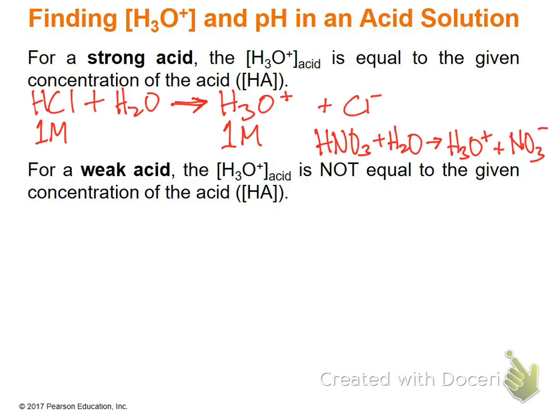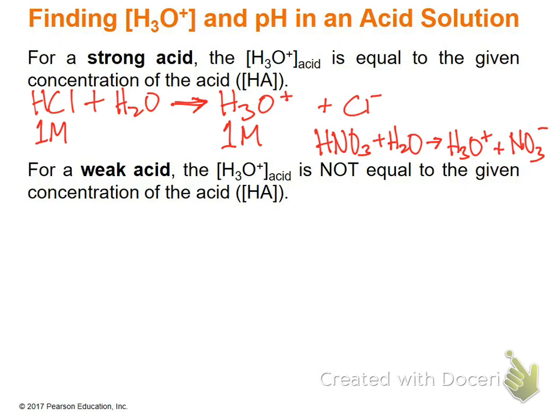You can see that the nitrate ion has a negative charge, and so you can tell that it has the ability to accept a proton. So if you remember, according to the Bronsted-Lowry base definition, a base is one that can accept a proton, and one of the conditions is that that molecule or ion has to have a lone pair of electrons in order to be able to accept a proton.